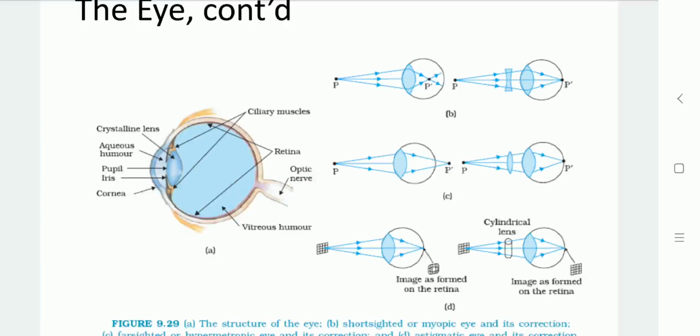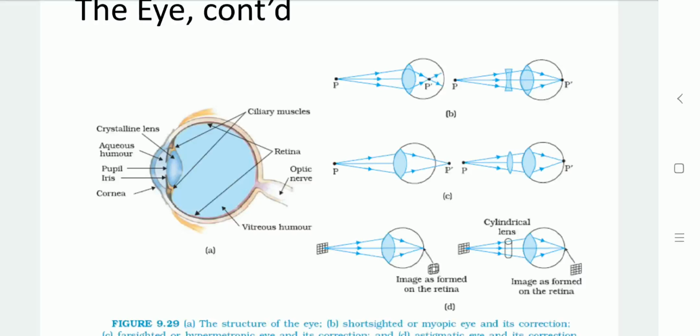But when the object is brought closer to the eye, to maintain the same image-lens distance, that is 2.5 centimeter, the focal length of the eye lens becomes shorter by the action of the ciliary muscle. This property of the eye is called accommodation.